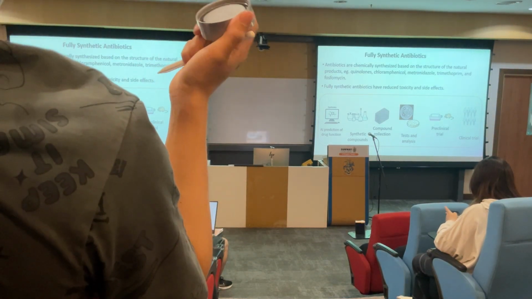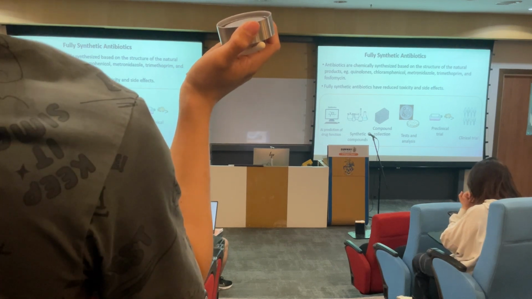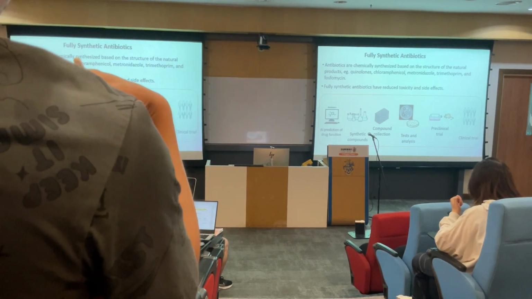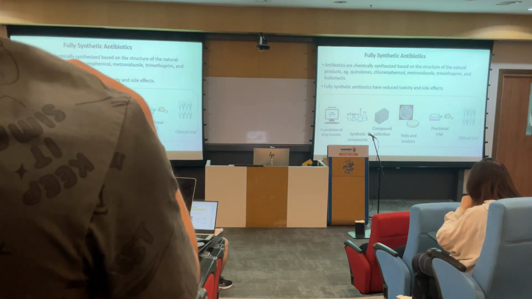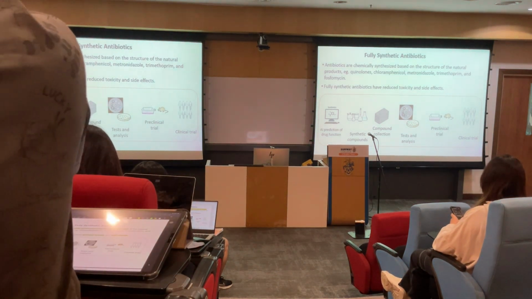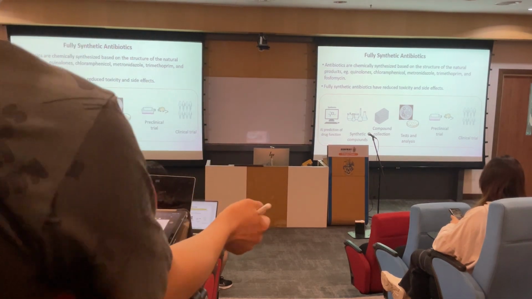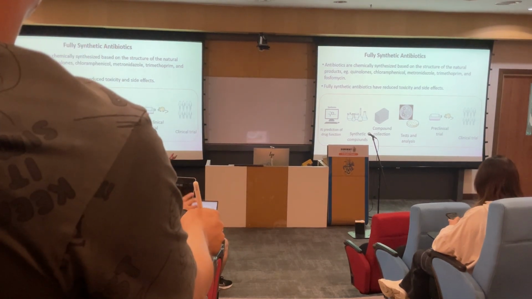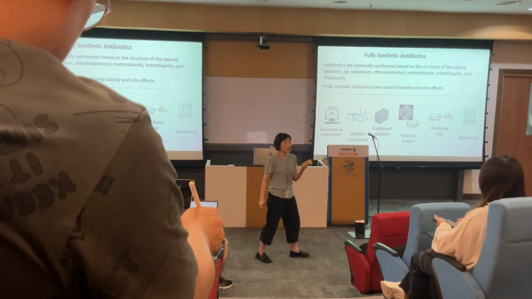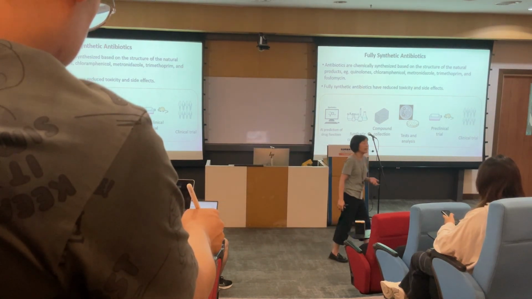If nothing grows around this disc, it indicates that this synthetic compound can kill the bacteria. So you're having a clear zone. Testing this 1,000, normally if you're lucky, you can find roughly about 10 which work very well, so they can be further tested as a new antibiotic.